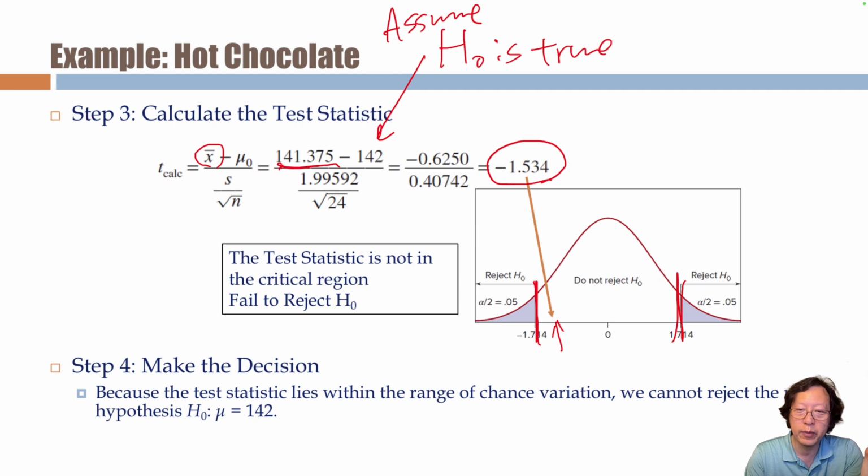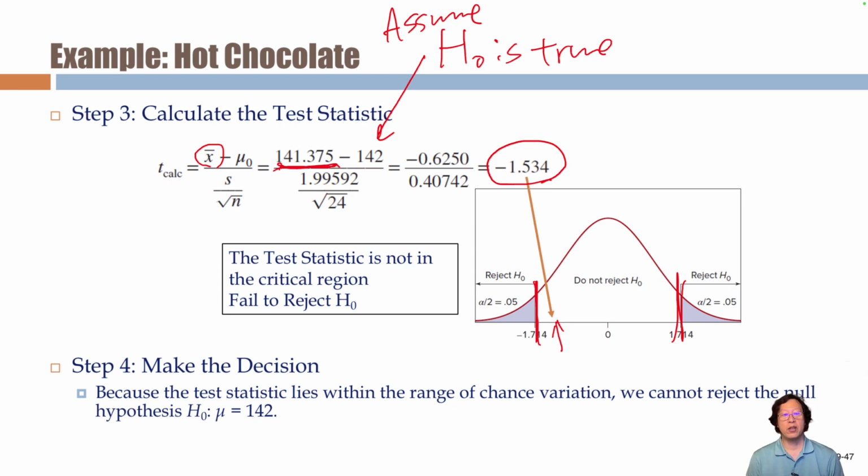Still, by chance, we can have 141.375 Fahrenheit by sampling error. So we cannot say getting 141.375 is rare enough. This can happen.